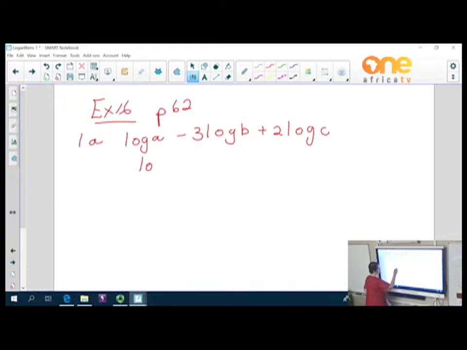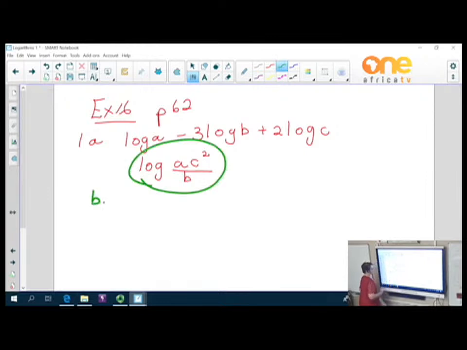There's a positive, so I'm going to multiply with this and taking up that power, so it becomes C squared there. And because I minus, I divide, and there's the B, log B. Writing it as a single logarithm. So you can see this is now a single logarithm that I have there, using my log laws.